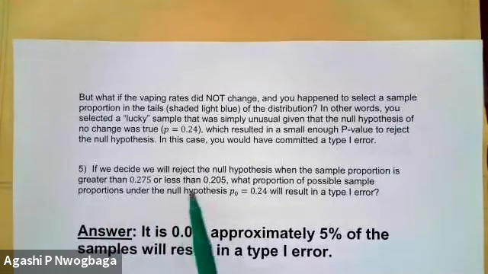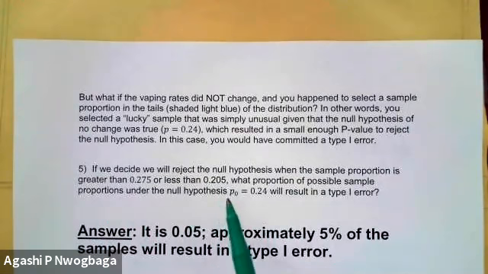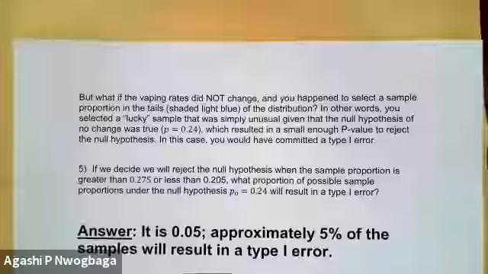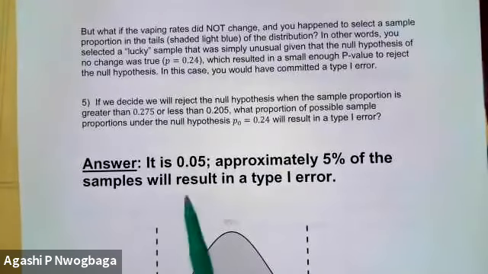If we decide we will reject the null hypothesis when the sample proportion is greater than 0.275 or less than 0.205, what proportion of the possible sample proportions under the null hypothesis, p0 equals 0.24, will result in a type 1 error? Well, that proportion is 0.05.